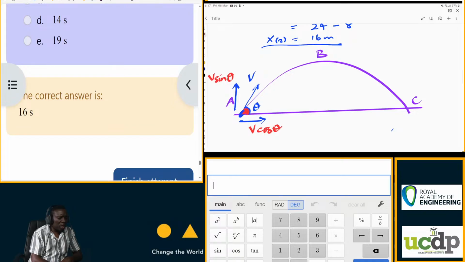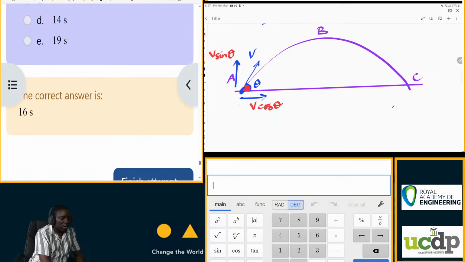So what happens is, when we are moving in this direction, if we neglect resistance, there is nothing that stops this component of the velocity, or hinders it or decreases it. But the one that goes up does change. I can draw some depictions here.